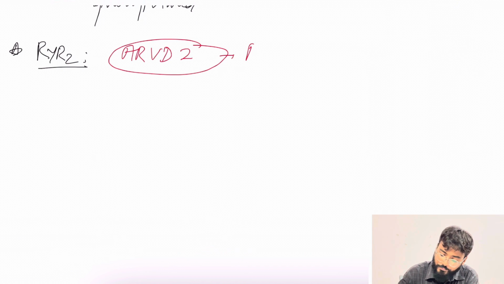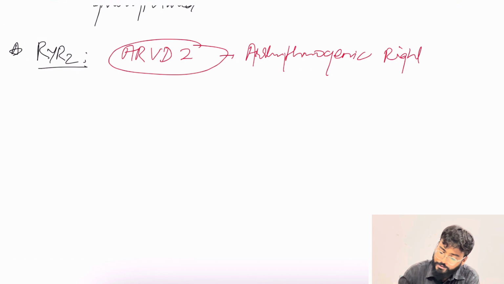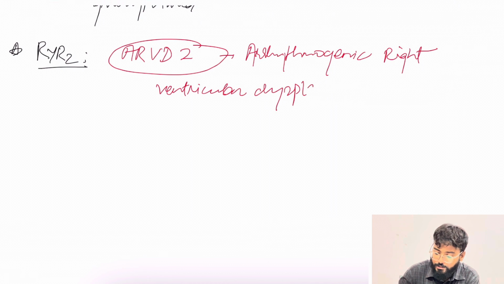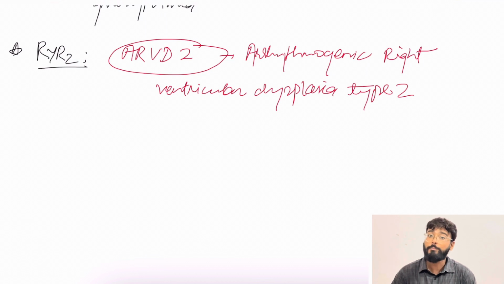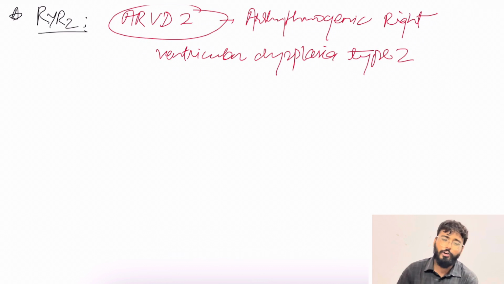This is arrhythmogenic right ventricular dysplasia type 2. You will have it if your ryanodine receptor type 2 is defective, which is primarily present inside your cardiomyocytes.